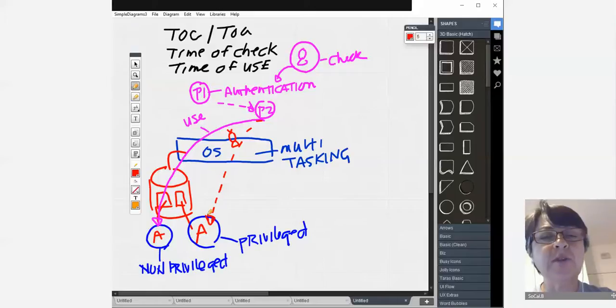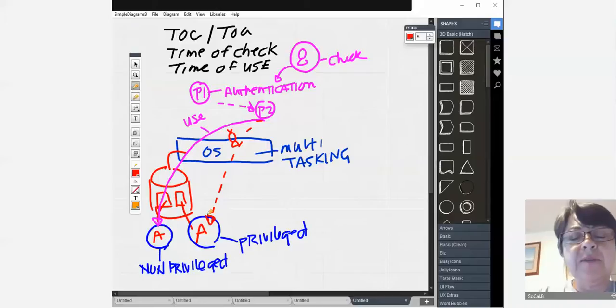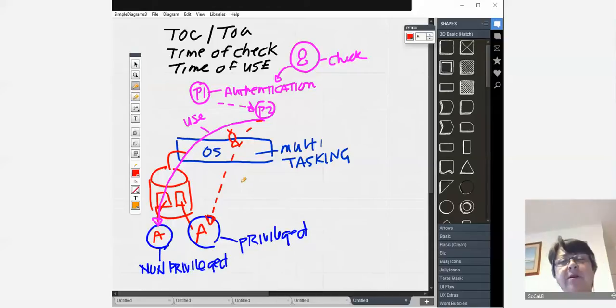Okay, it's process 1 that's doing the authentication, and then process 2 believes, if process 1 gives a signal that says, look, go access this thing, that it is going to listen to it and go access whatever file it is supposed to access. So the flaw here with the TOC/TOU is, you can read it in the book, it's about redirecting to the privileged file.